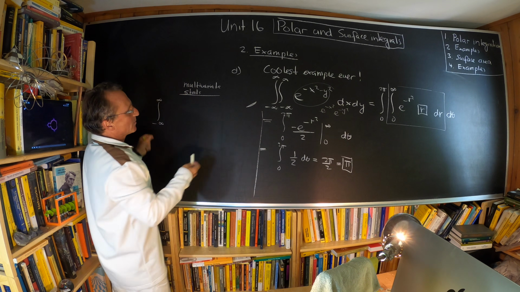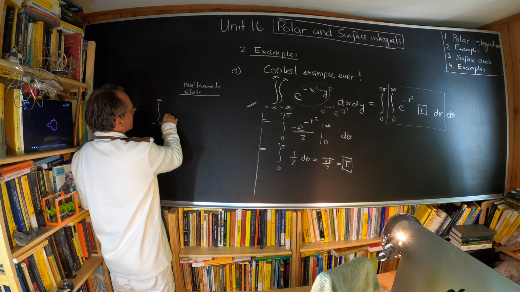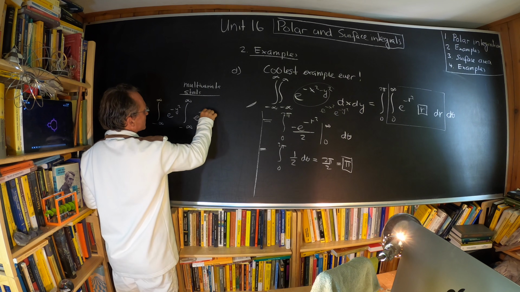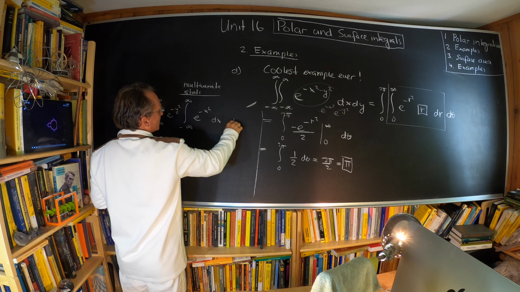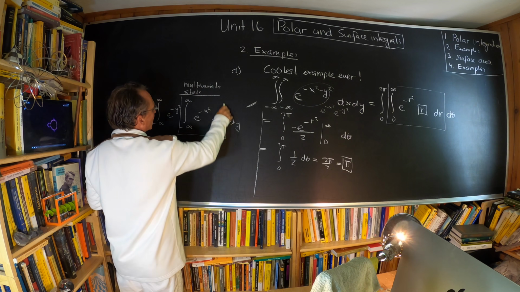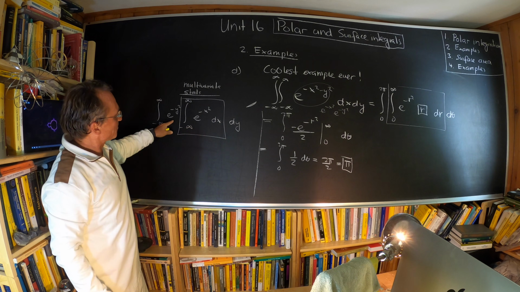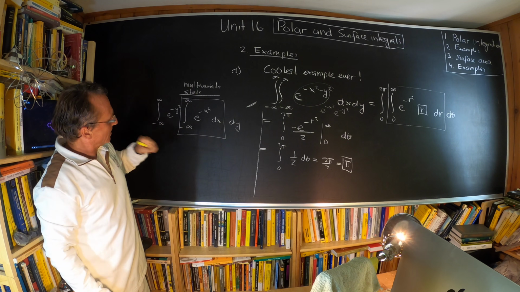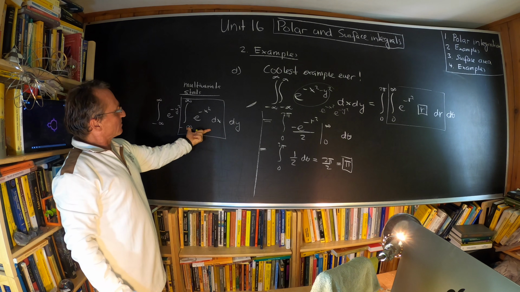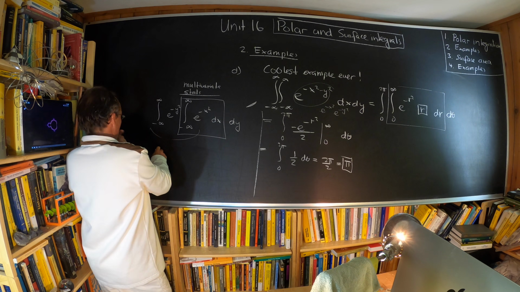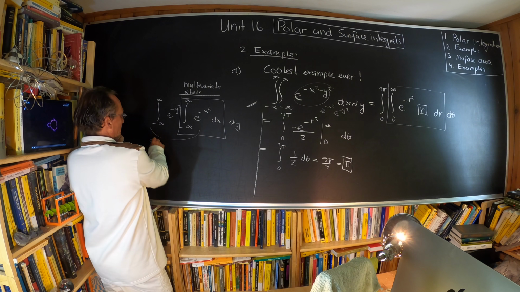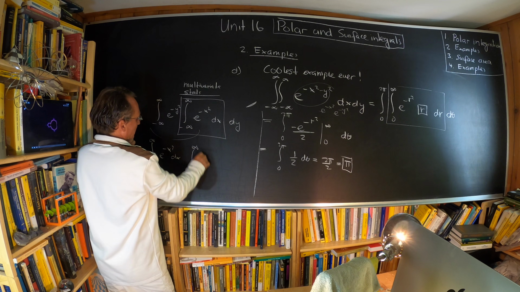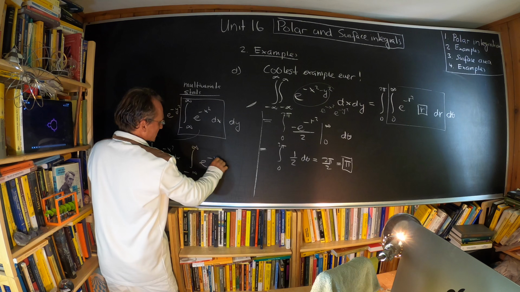Now we can take the e to the minus x squared out, because that's a constant with respect to y. That's a clever way to rearrange that integral. That part was a constant inside here, so I could take it out. But now this part is a constant because this is just a number, so we can take this out. So that's the integral from minus infinity to infinity of e to the minus x squared dx, times the integral from minus infinity to infinity of e to the minus y squared dy.